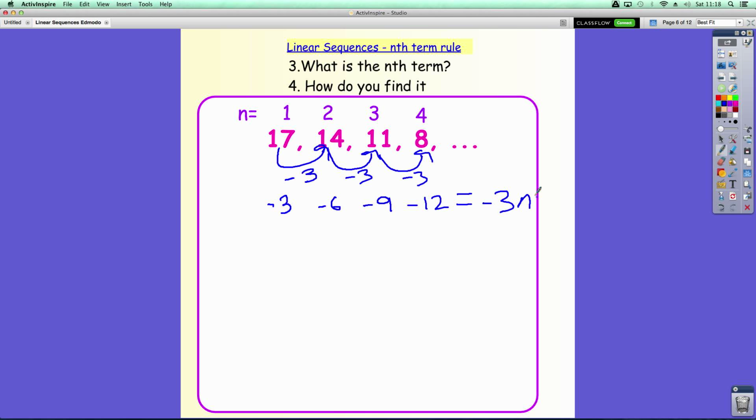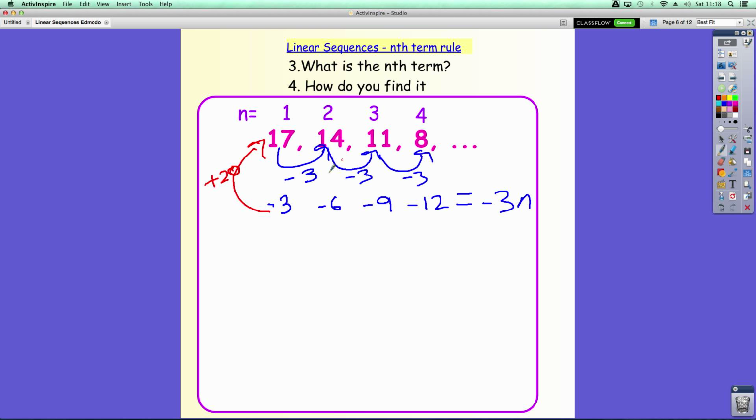So now that I've got minus 3n, I need to then compare how I'm getting from my times table sequence to my original. What am I doing in each case? I only need to compare the first, and so I know that minus 3 plus 20 will get me 17.